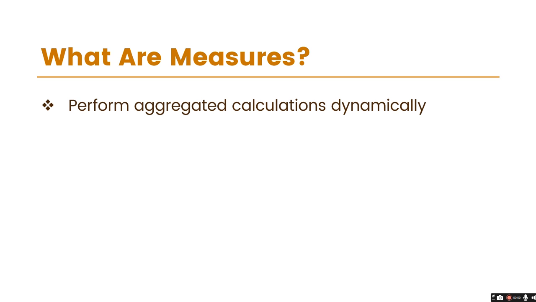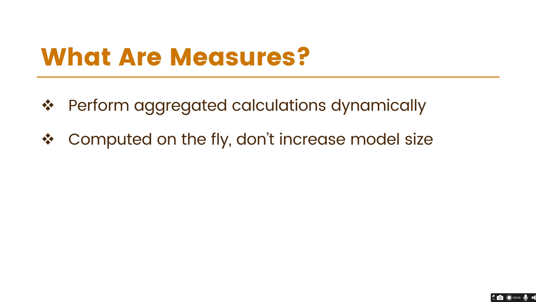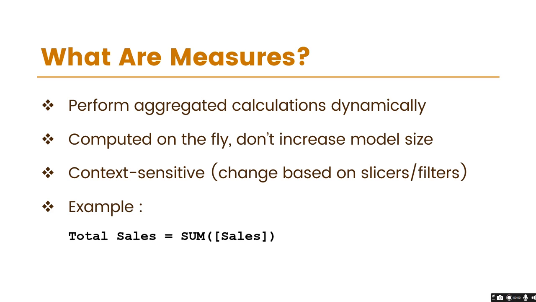Next, we have measures. So what are measures? Measures are designed for aggregate calculations like totals, averages or ratios. Unlike calculated columns, they are context sensitive, meaning their values change dynamically based on slicers or filters applied in your report.